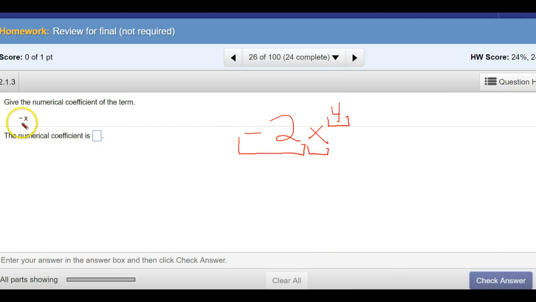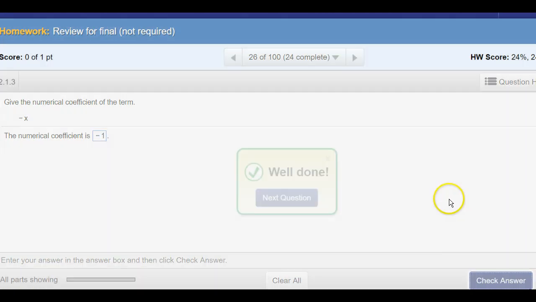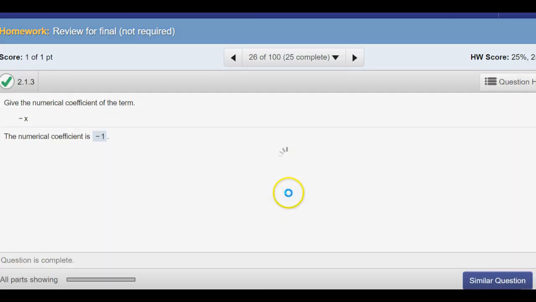So in this case, the numerical coefficient, there is no number, but we know a 1 always goes there. So the numerical coefficient is negative 1. And we check our answer, and that's good.